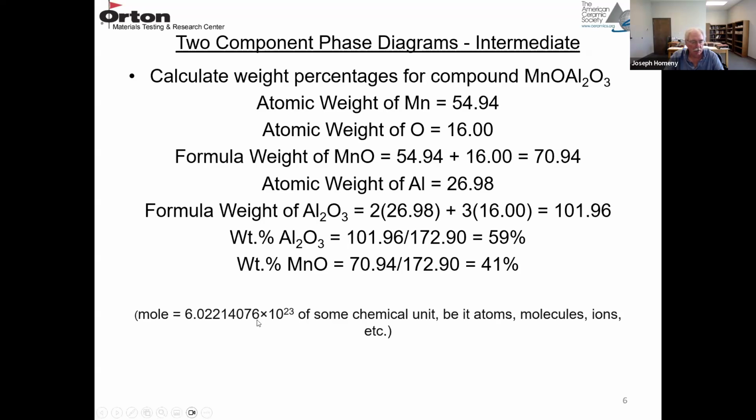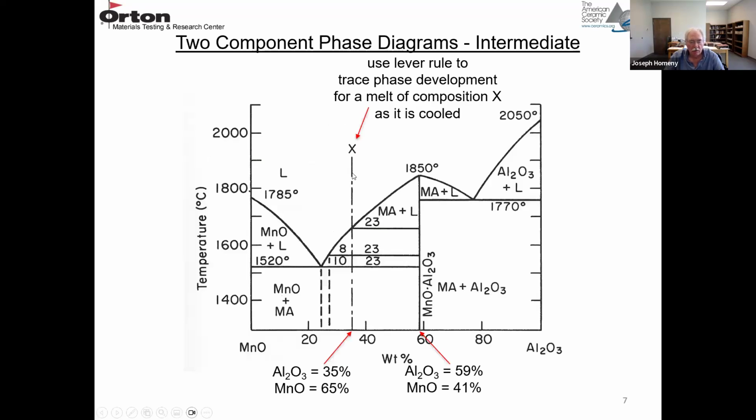And again, a mole is this number, 6.022 times 10 to the 23 of a chemical unit. That could be atoms, molecules, ions, or whatever you want it to be. So X is 35% alumina and 65% MnO, and then Ma is 59% alumina and 41% MnO.